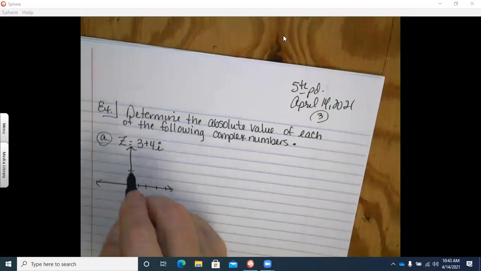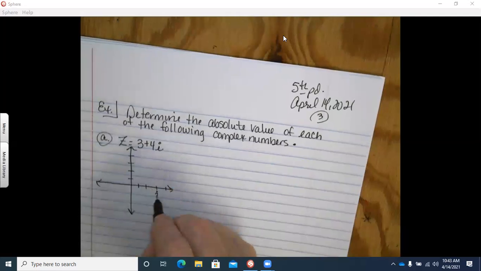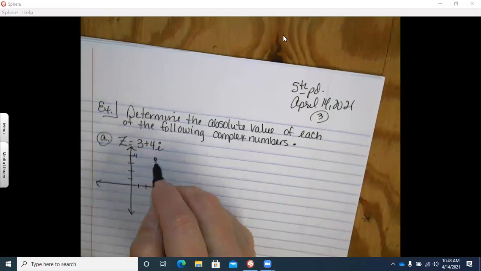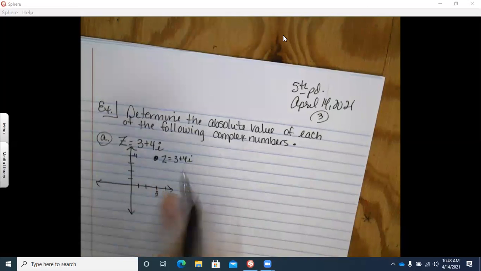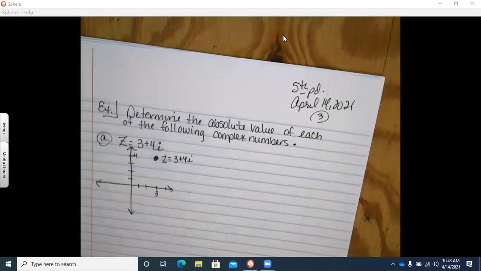So my real part is 3. My imaginary part is 4. So if this is z equals 3 plus 4i, we're looking for the distance that point is to the origin.